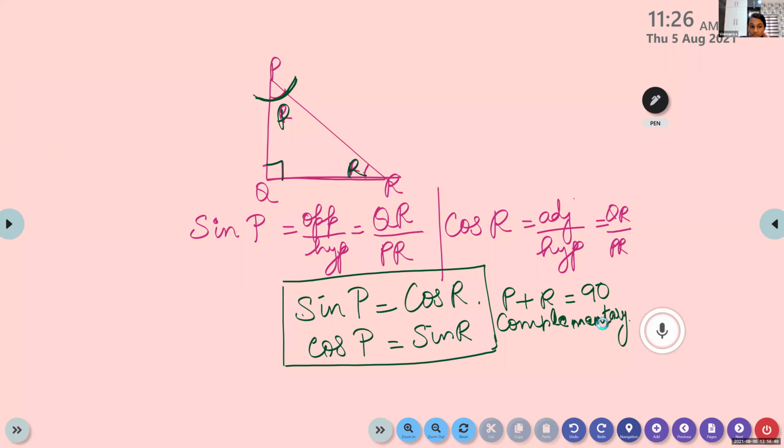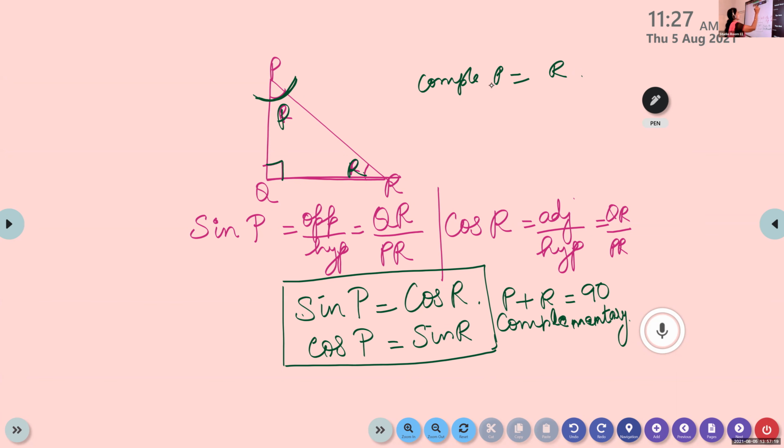Ma'am, then how is the complement of sin P cos P? That is why, one small proof is there. That proof is deleted for you. What is the complement of angle P? Is it R?